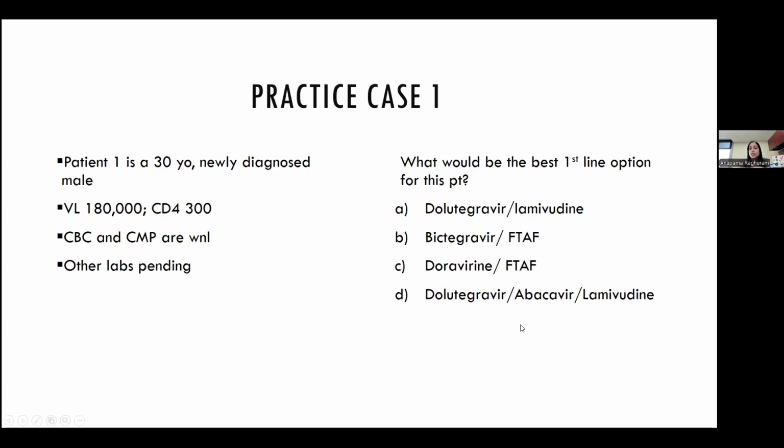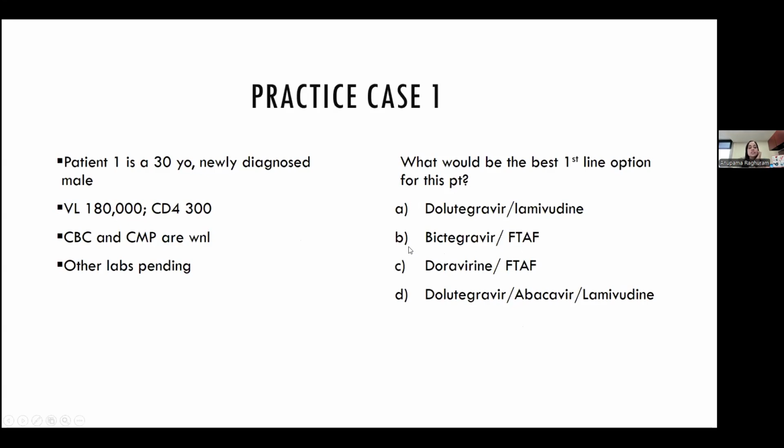So here you could potentially already eliminate C. And I talked about dolutegravir, but we said abacavir is not first line therapy, so you could potentially eliminate 2 of those. So you're left with A and B.